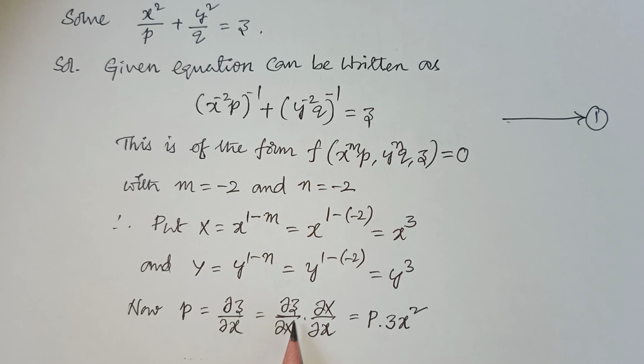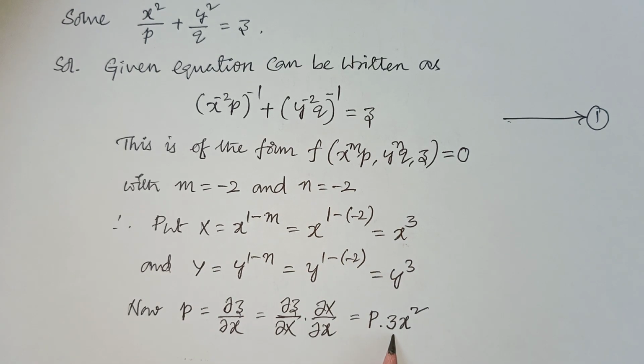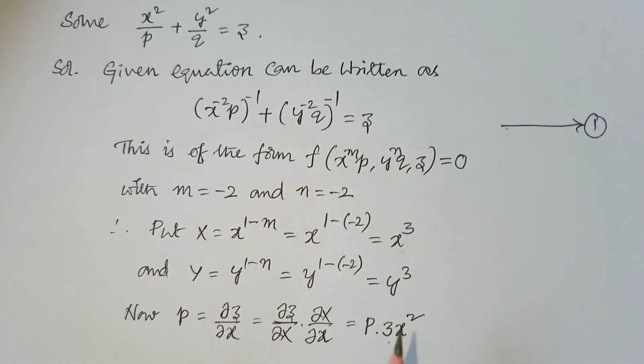Just assume this dou z by dou capital X as capital P, and we know that dou capital X by dou small x, since capital X is equal to x cube. By differentiating this, dou capital X by dou small x is equal to 3x square. So that's what we have written.